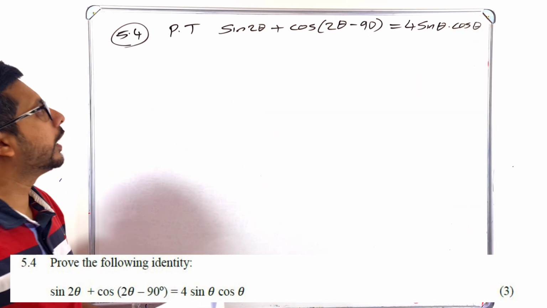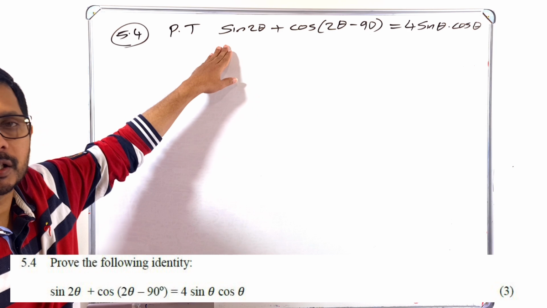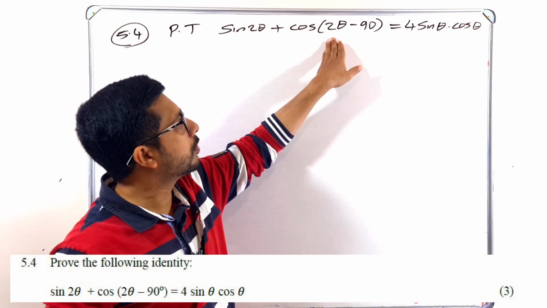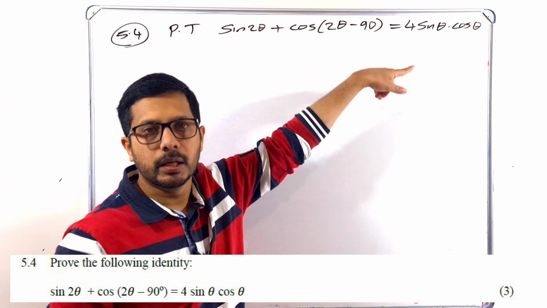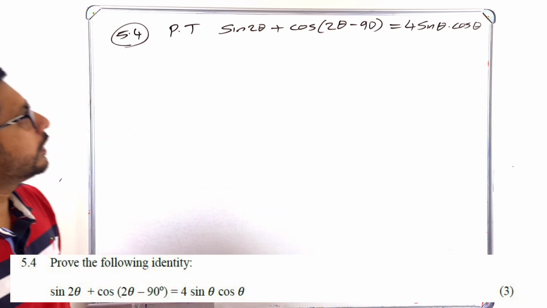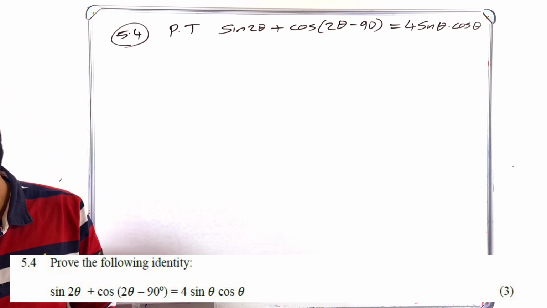So you have to prove that the left hand side, sin 2 theta plus cos (2 theta minus 90), is the right hand side. Okay, so let's take the left hand side first.